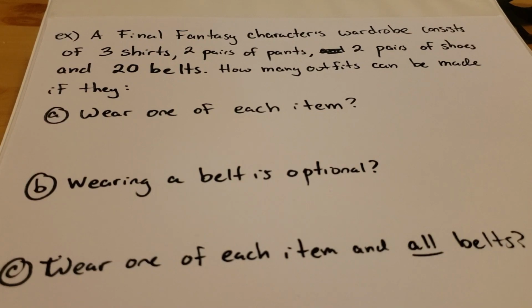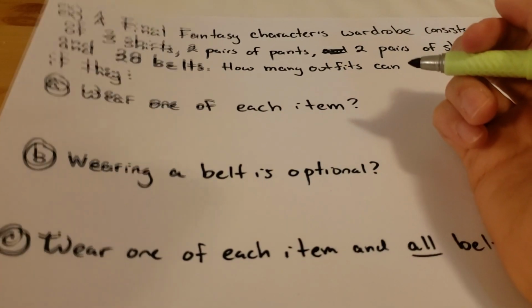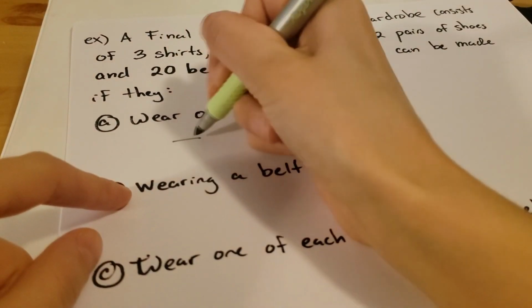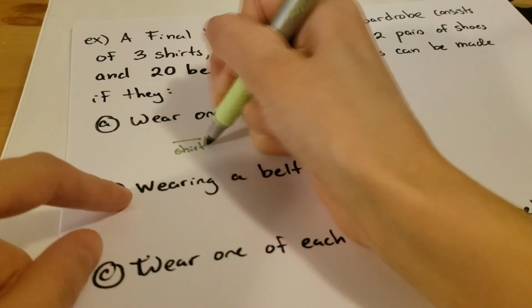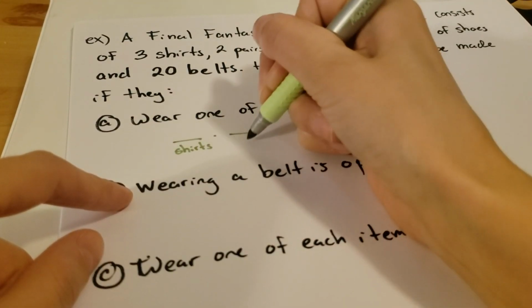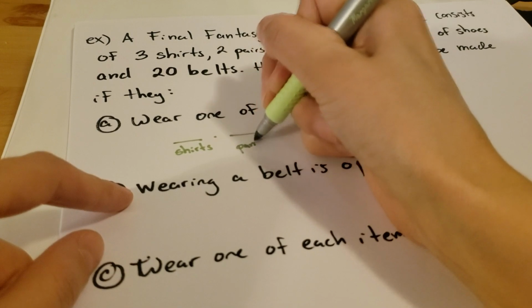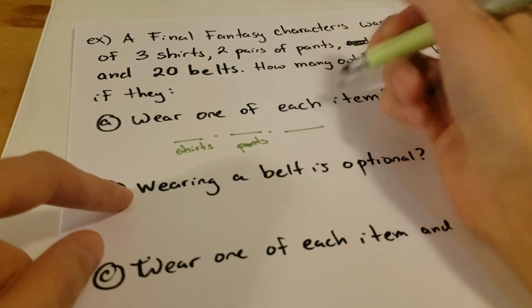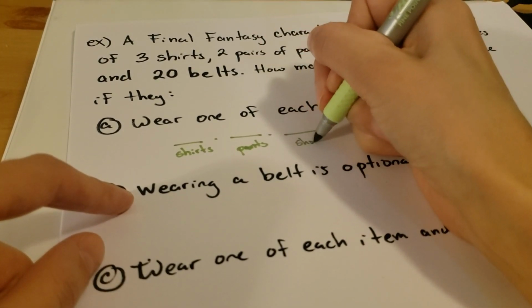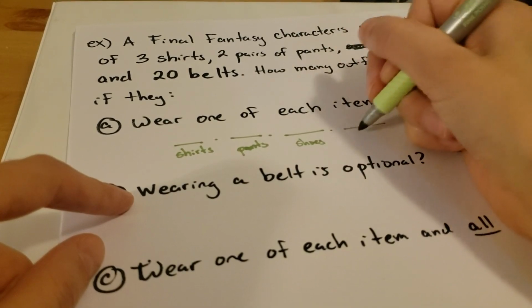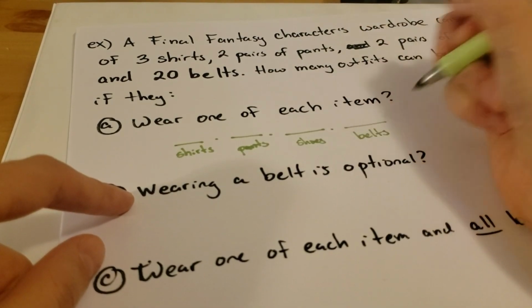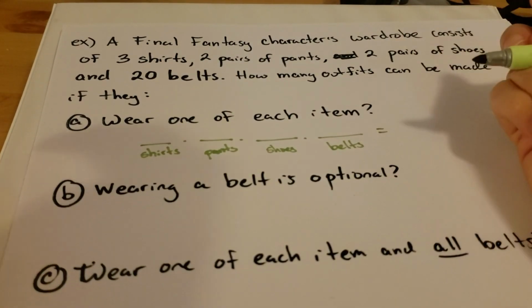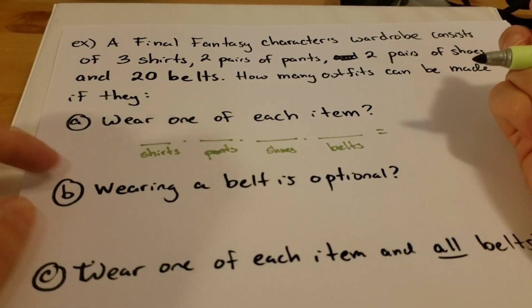Okay. So if they wear 1 of each item, right, we have some number of shirts. We have some number of, what do we have, pants next. We have shoes, and then we have belts. Right, so this is a place where we can just apply the product principle.